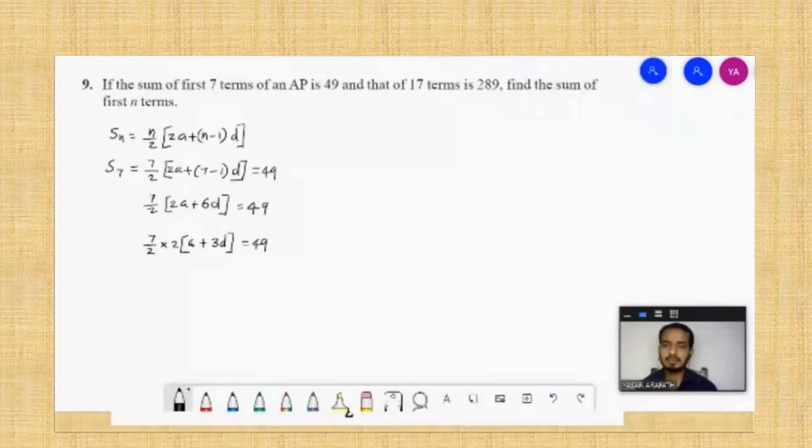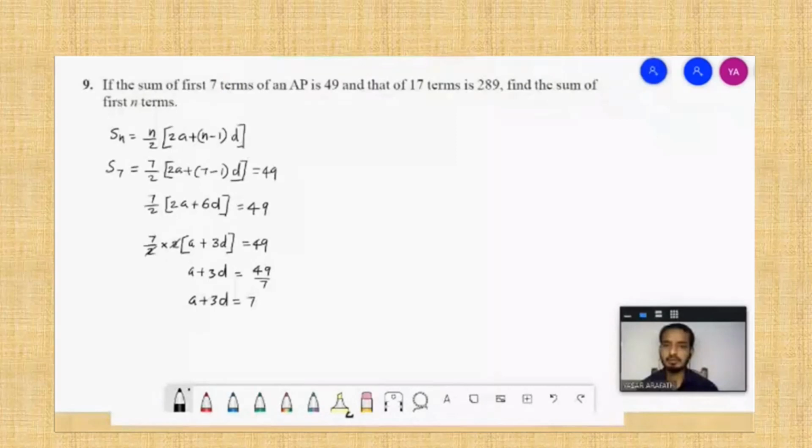Now you can cancel the 2 and 2, and move the 7 to the right side. So a plus 3d is equal to 49 by 7, which is 7.